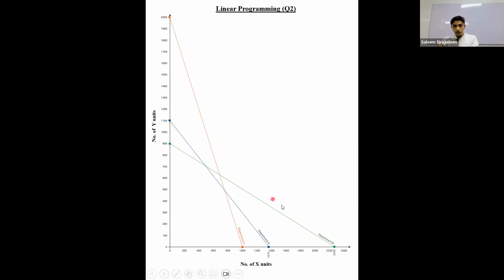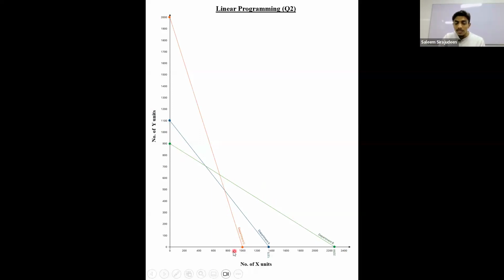Yes, because department B is limited, but for department A and C you have unlimited resources. Yes or no? Can you produce 1100? No. Why? Because department B is limited. Department B, this line. Can you produce 2000? No, you can't. Why? Department A is also limited. Department B is also limited.